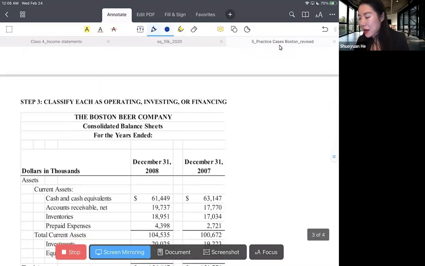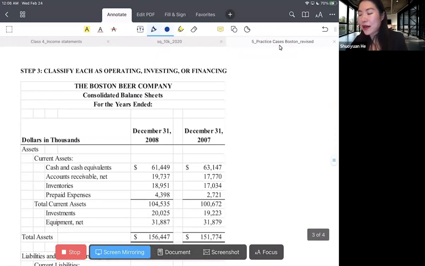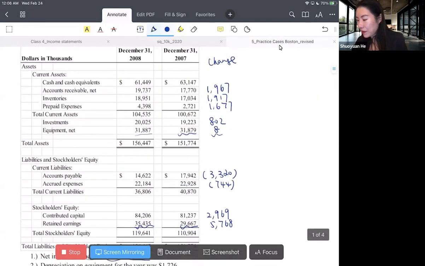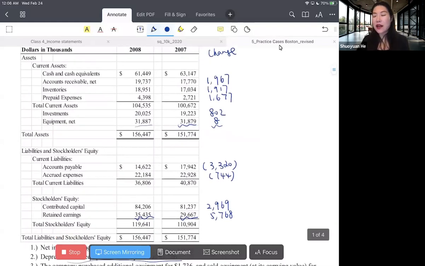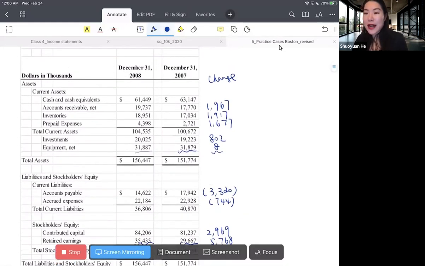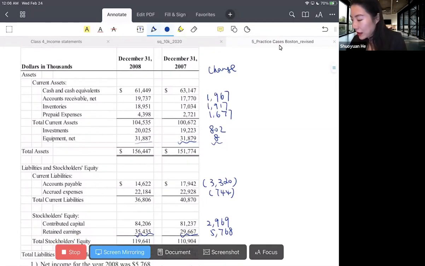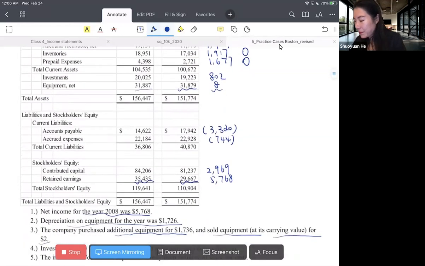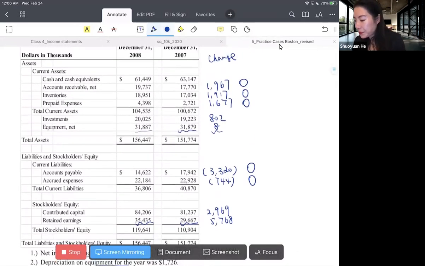And then the third step is to classify each of the changes as operating, investing, or financing. I'm just going to do the classification here. For all of the current assets and current liabilities, those are operating. So the change in account receivable is operating, change in inventory operating, prepaid expense operating, account payable, accrued expense, all of those are operating.